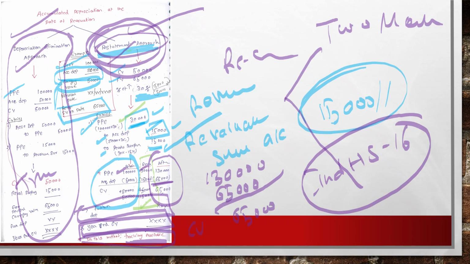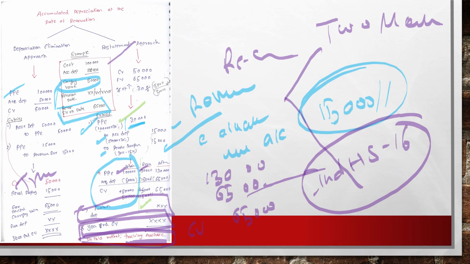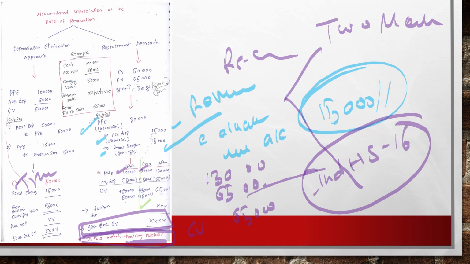Numbers are the same in both approaches, but you should check which method is appropriate for your entity. For most entities, the depreciation restatement approach is the best approach.